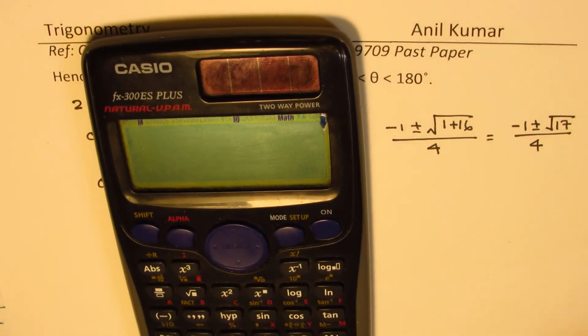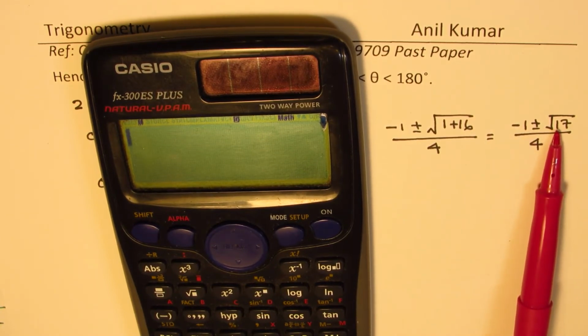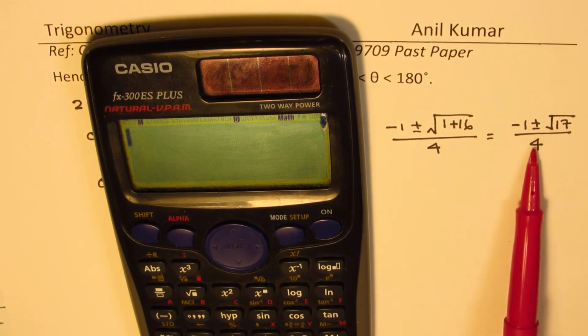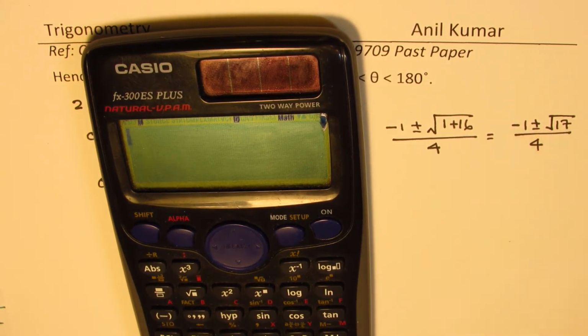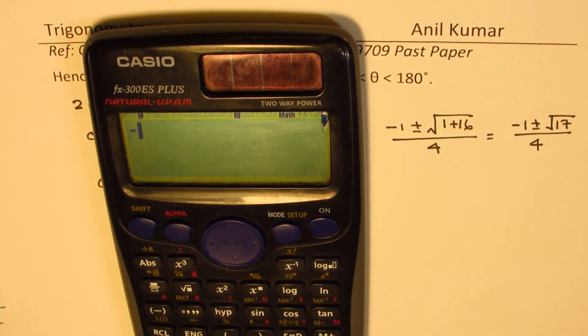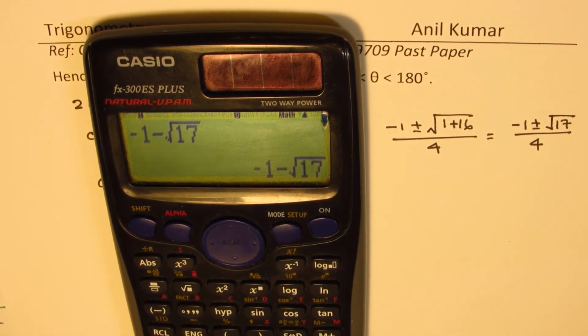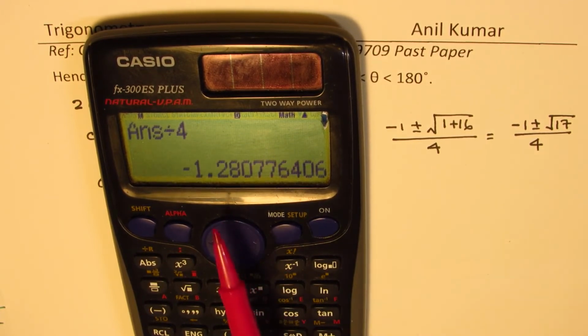So we have minus 1 minus 17, right? So that is more than 4. So one of the values is not possible, right? So what you notice here is, see, we have minus 1. If I do minus square root of 17, and then if I divide by 4, I get a value in decimals which is more than 1, correct?